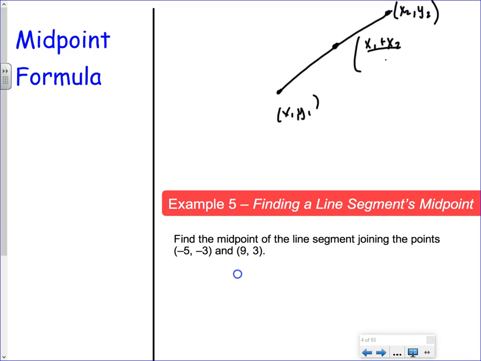How do you average 2 quantities, guys? You add them together, you divide by how many there are. The midpoint formula is just the average of the 2 points. The average of the x's and the average of the y's. Add the 2 x's, divide by 2, add the 2 y's, divide by 2.